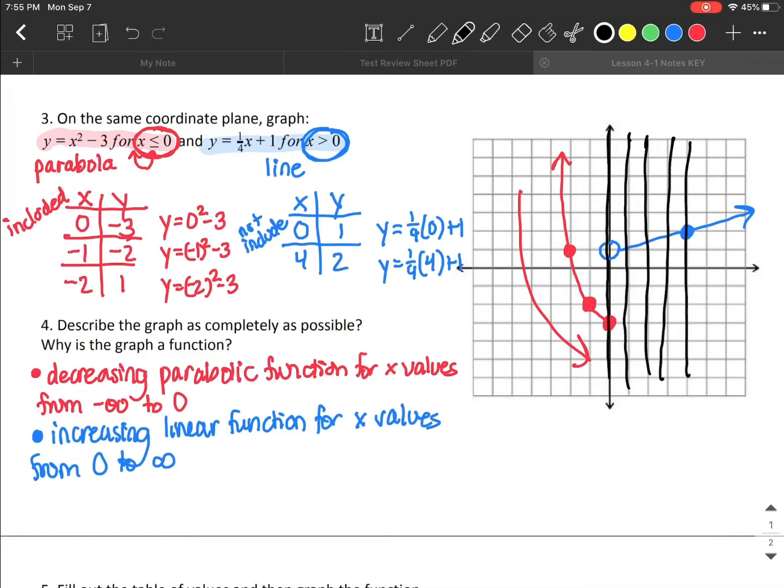So even where x is equal to 0, it looks like I intersect in two different places, but I'm not actually intersecting in the blue piece. When x is equal to 0, the only answer is 4. This open circle is not a shaded part on my graph. So this is a function because it passes the vertical line test.